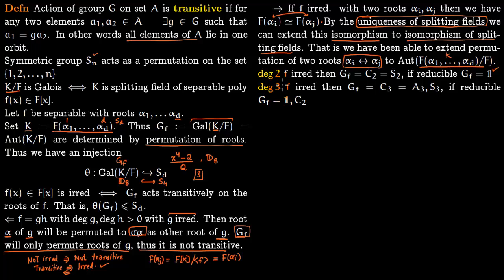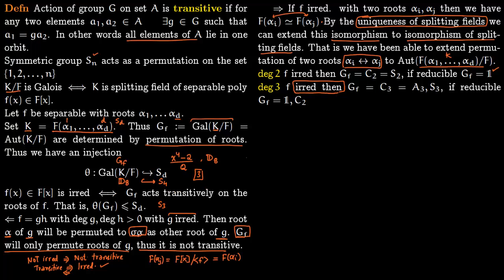On the other hand, if you have a degree 3 polynomial and it is irreducible, then the Galois group, as we have seen here, injects into the symmetric group S3. So what are the non-trivial Galois groups?